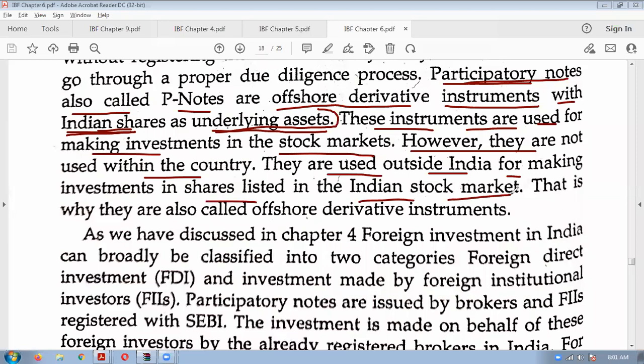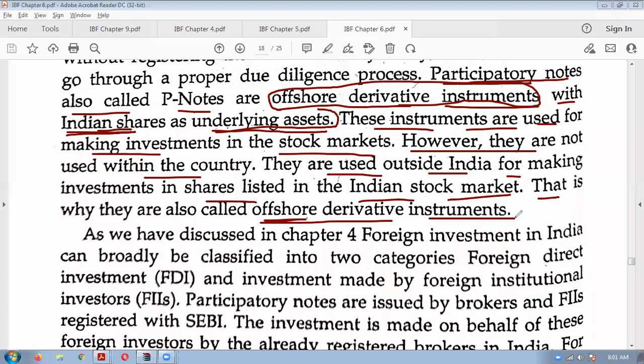So in India, P notes will not be issued. P notes will be issued only outside India. That is why they are called offshore derivative instruments. Offshore means outside the country.